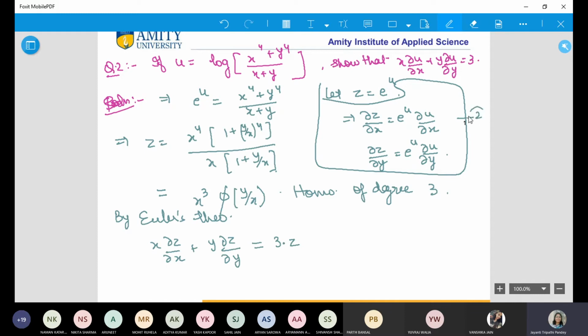Now if I mark this as 2, putting the values from 2, x e^u del u by del x plus y e^u del u by del y is equal to 3 e^u. This means proved.